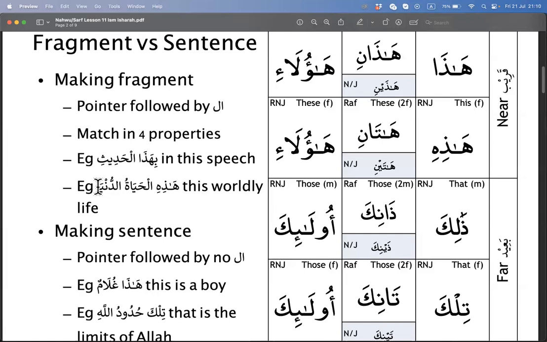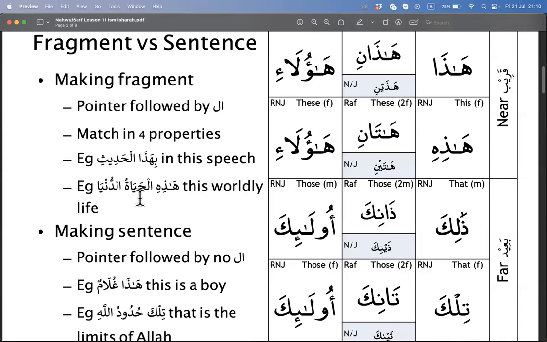So this worldly life is the lowest life. So again, we have a fragment, and dunya is actually the sifah of al-hayatu. So this worldly life. Clear?